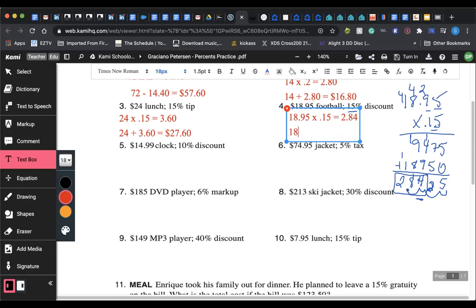And because it's a discount, unlike a tip, I need to subtract it. So when I have $18.95 and I subtract $2.84, I'm gonna put it over here so we see it. $18.95 minus $2.84. Should be $16.11.